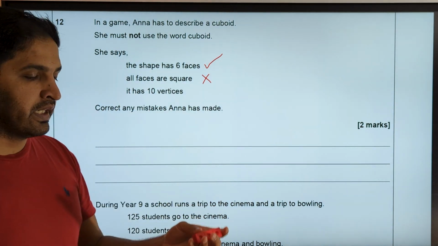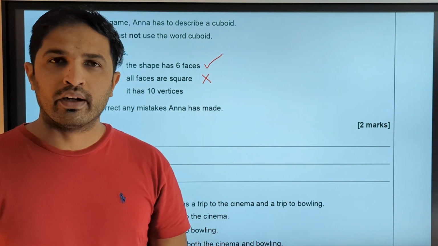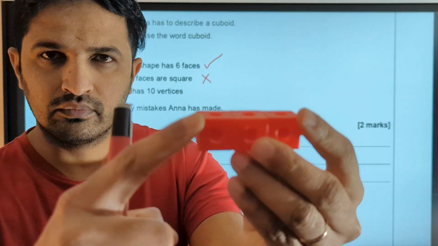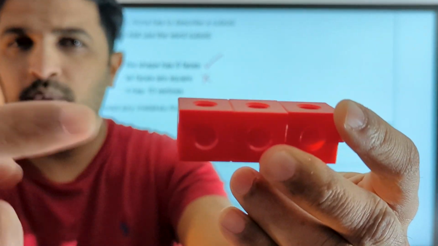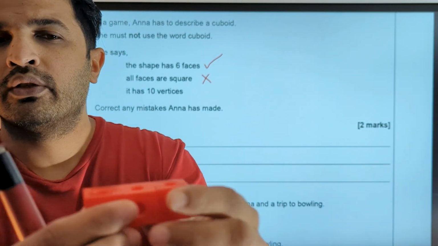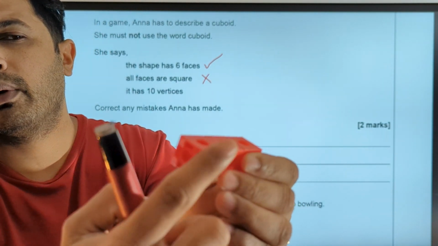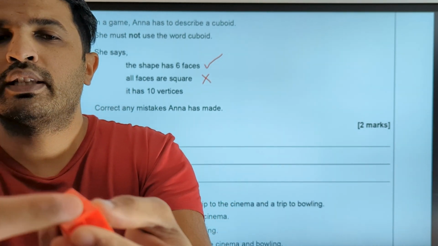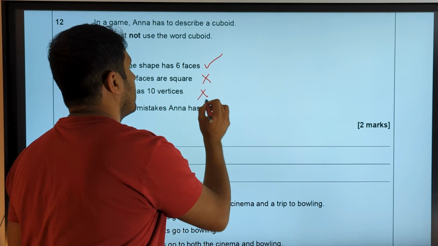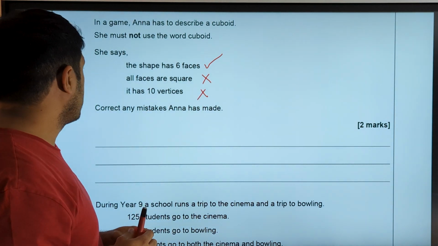It has 10 vertices. Vertices mean the corners. So a corner here, there, that's the vertex. That top corner there, corner there, that's a vertex. So you have 4 corners here, 1, 2, 3, 4, and 4 on this side, 1, 2, 3, 4. So the cuboid would have 8 vertices.